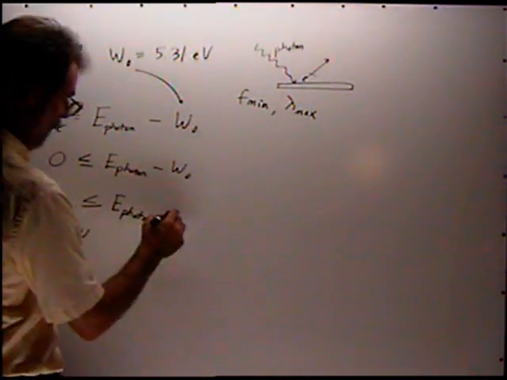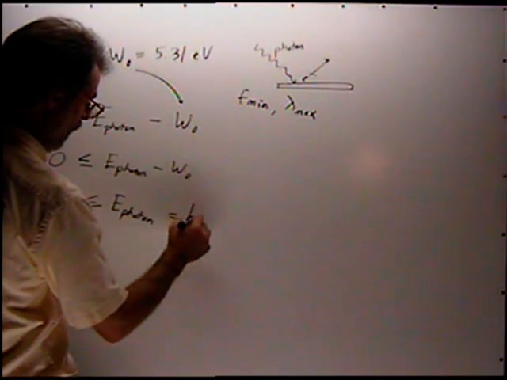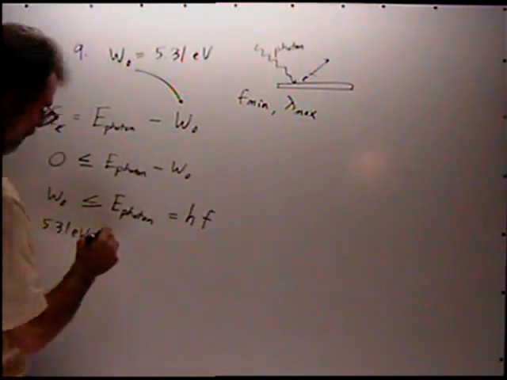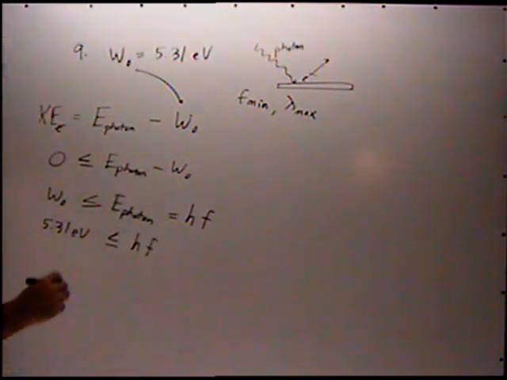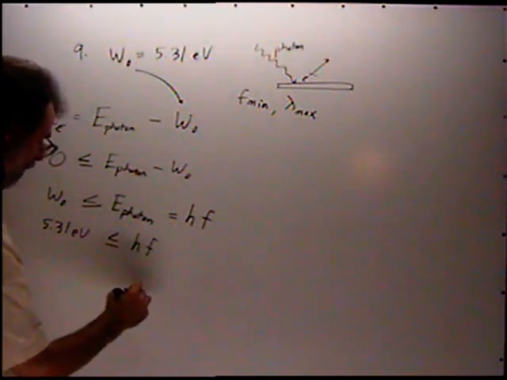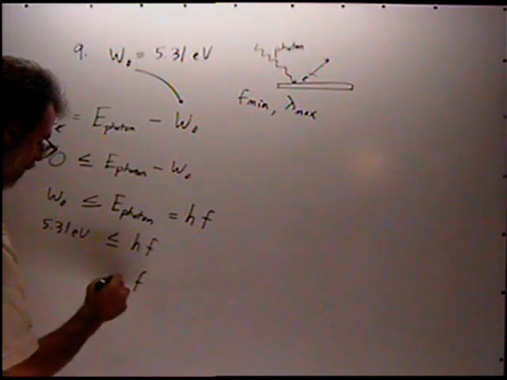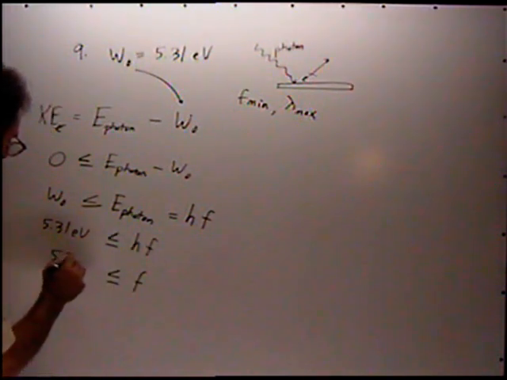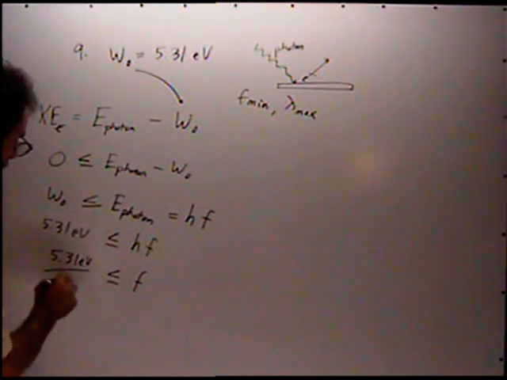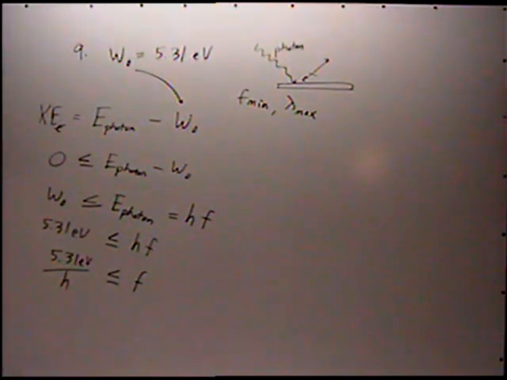And remember that the energy of the photon is h times the frequency. So the frequency must be equal to or greater than 5.31 electron volts divided by Planck's constant.